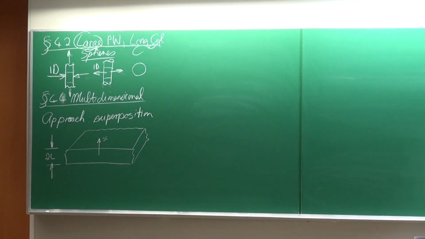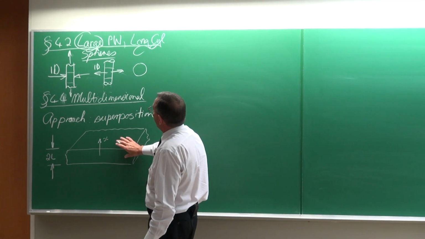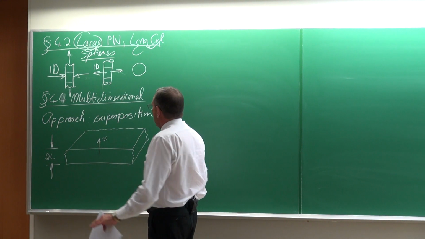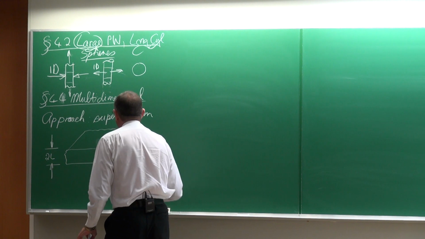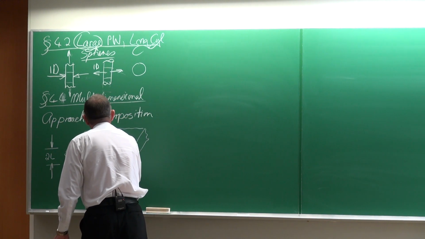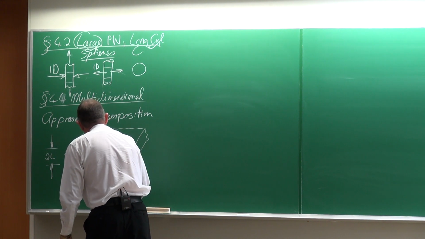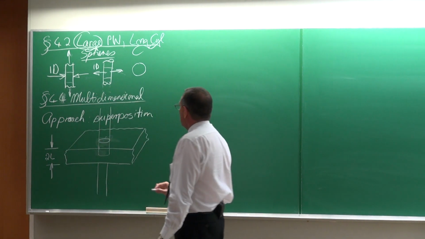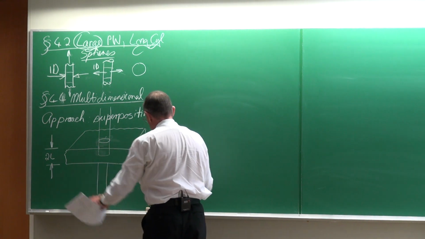However, what we are now going to do is look at the product of the large plane wall and the cylinder. And we are going to do it so that they are perpendicular to each other. So if we look at that, there's the long cylinder and the large plane wall.